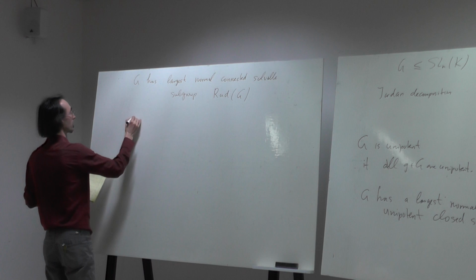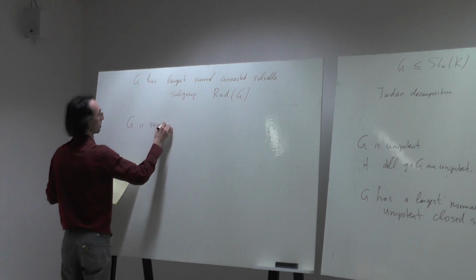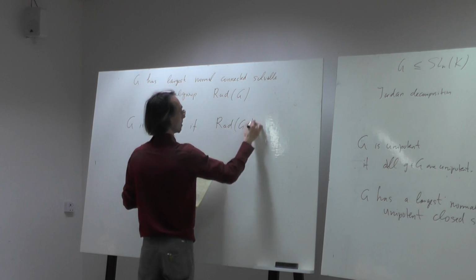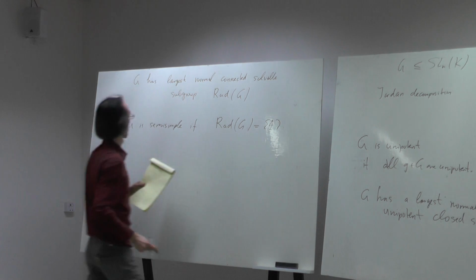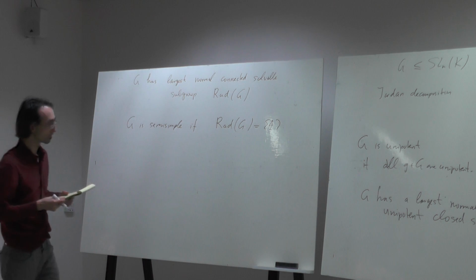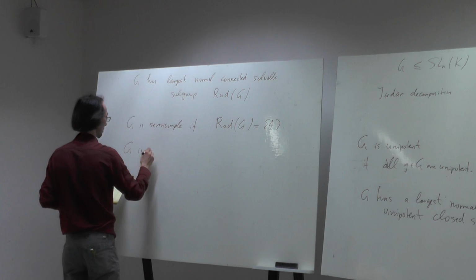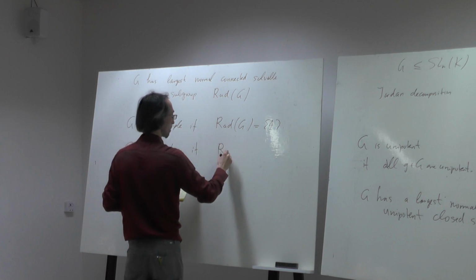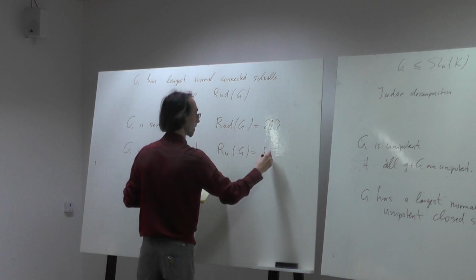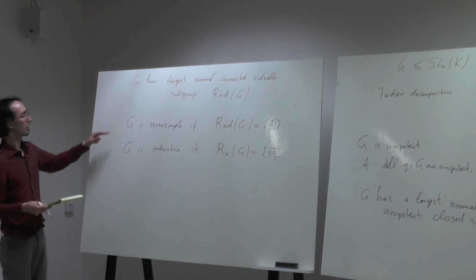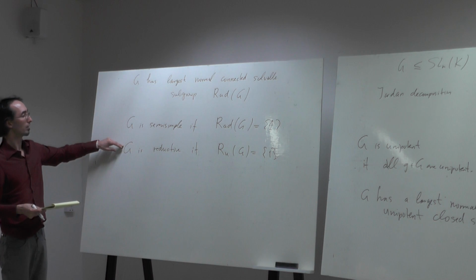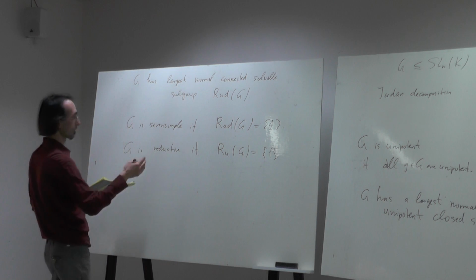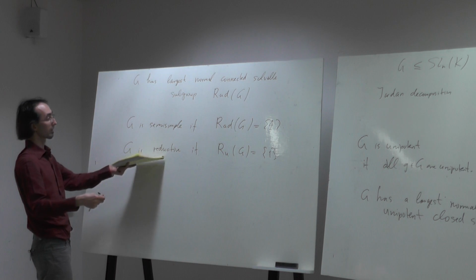And now G is called semi-simple if it has trivial radical. G is called reductive if it has no unipotent normal subgroups. So clearly, semi-simple implies reductive, but not conversely, because a torus, a diagonal subgroup, is reductive but not semi-simple.